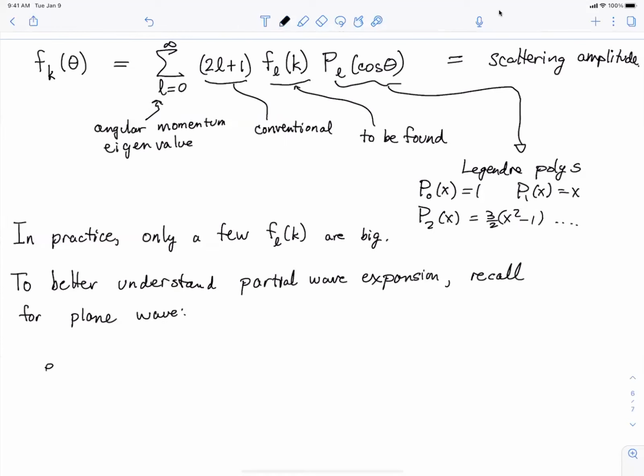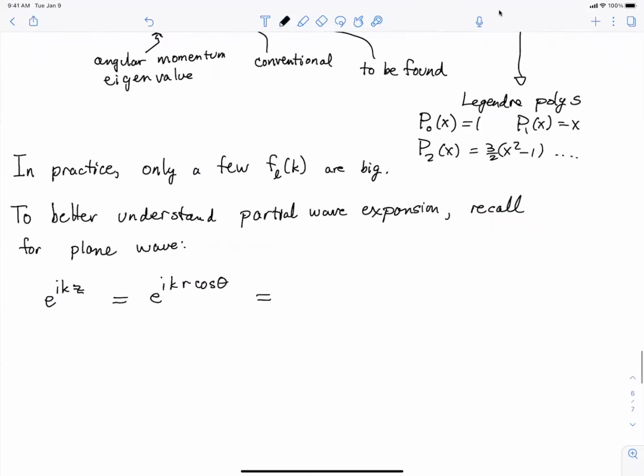Okay, a plane wave is e to the i k z. In fact, that's the plane wave we're sending in our scattering experiment. z in spherical coordinates is r cosine theta. Okay, so it's an exponential involving cosine theta.